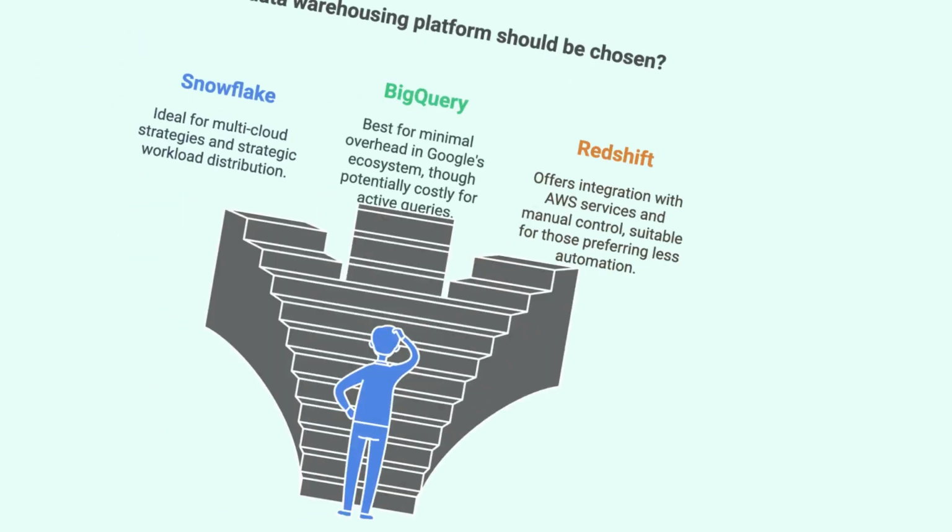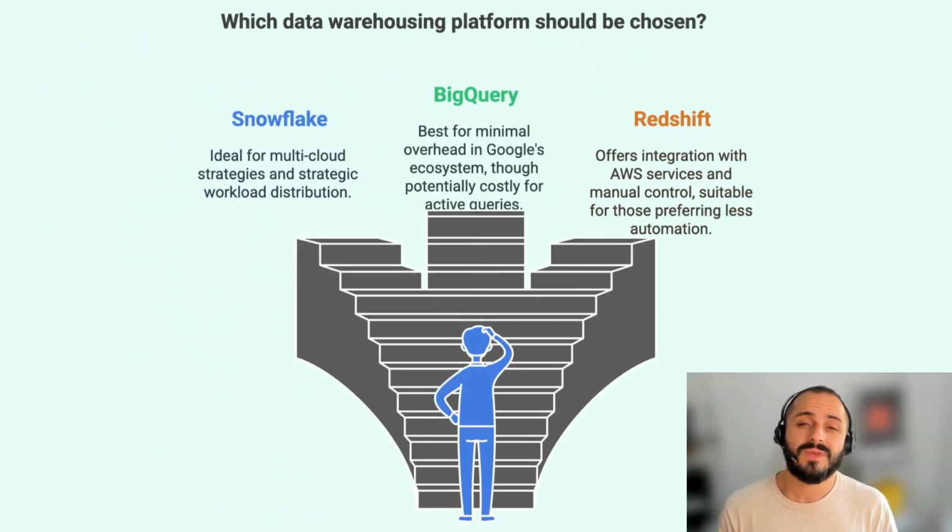Now, the question often arises, how do you choose one platform over another? And are the differences truly game-changing? The reality is that some of these distinctions can be subtle. Snowflake's multi-cloud approach might be absolutely crucial if you have strategic requirements for running workloads on multiple clouds.